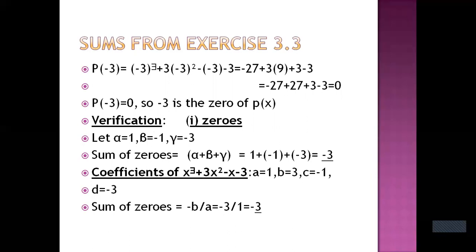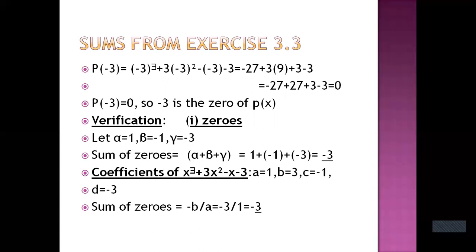And minus into minus will become plus. So 3 into 9 plus. Next one is minus of minus 3, so it will become plus 3. And the last term is minus 3. Then if you simplify that, minus 27 plus 27 plus 3 minus 3. Again all the terms are cancelled. So the value is 0. So P of minus 3 is equal to 0. So minus 3 is a zero of P of x.